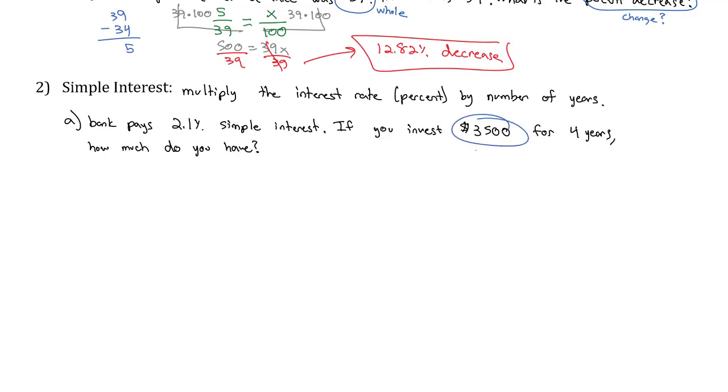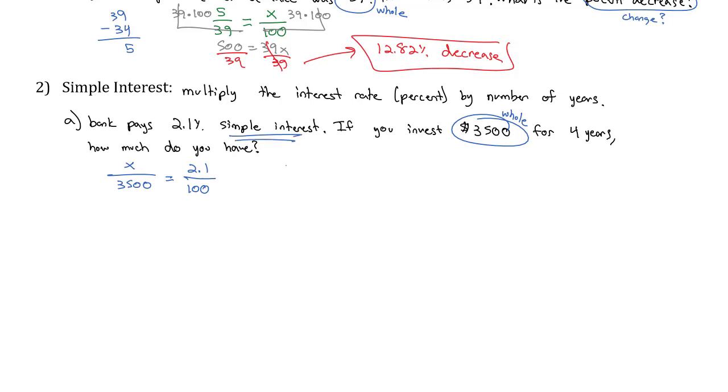Your investment of $3,500 represents the total amount you've put in. $3,500 is the whole. What we want to know is how much we have. So we'll take the part we don't know, that interest you've earned, out of the whole, which is $3,500, equals the percent, 2.1, out of 100.